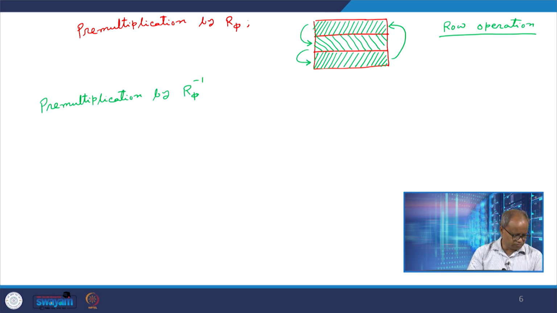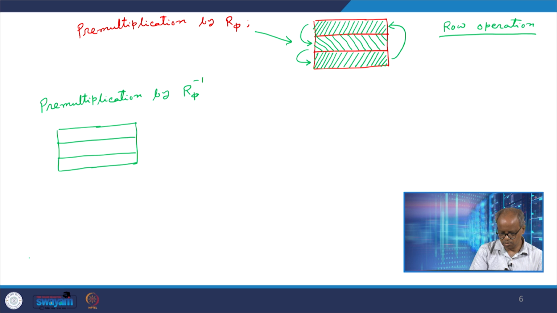Pre multiply by R phi inverse means that I again have three rows.